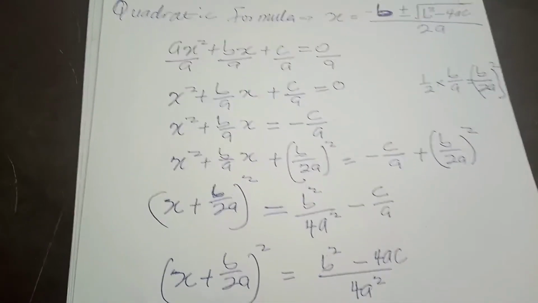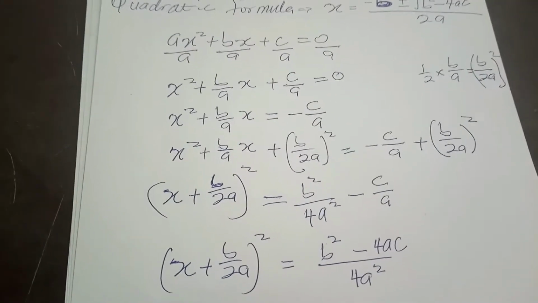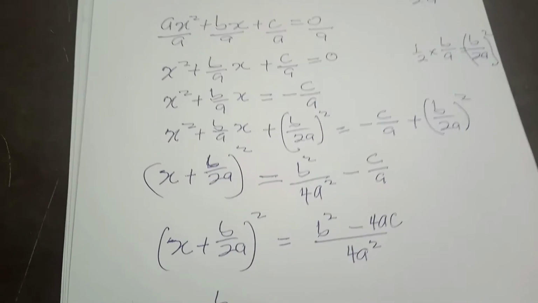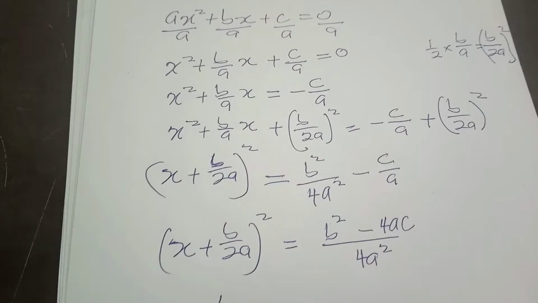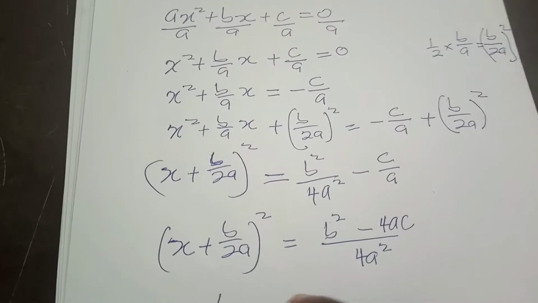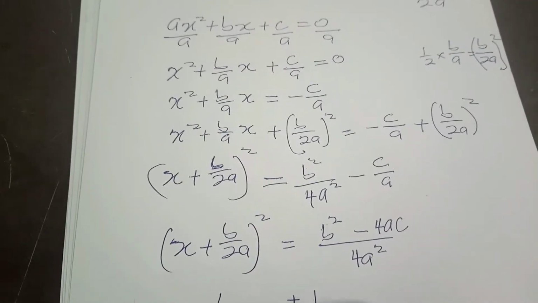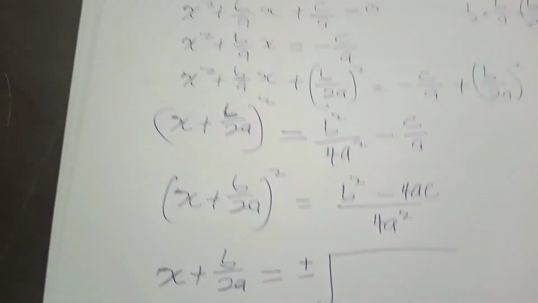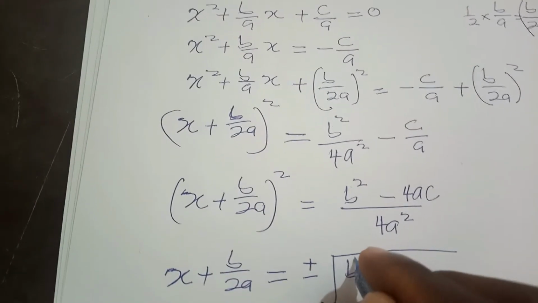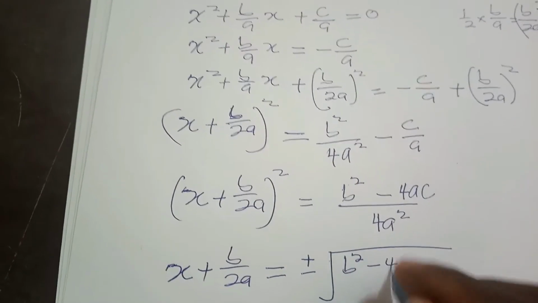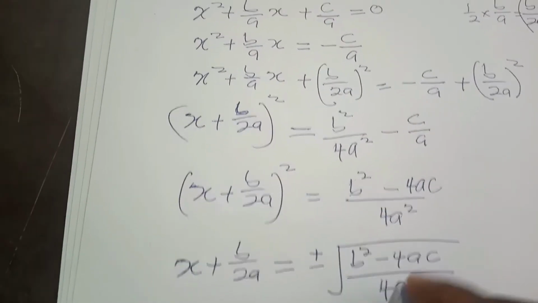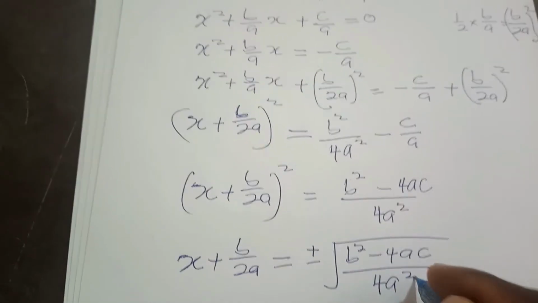So that is going to give us x plus b over 2a, and that should be equal to plus or minus the square root of the right hand side, and that is b squared minus 4ac all over 4a squared.